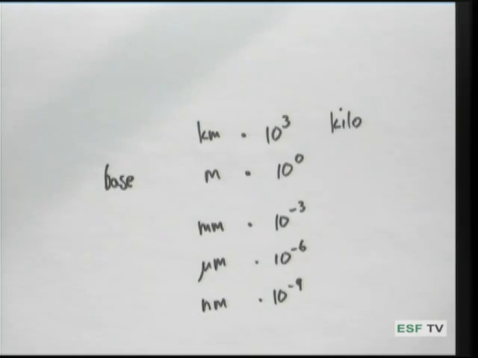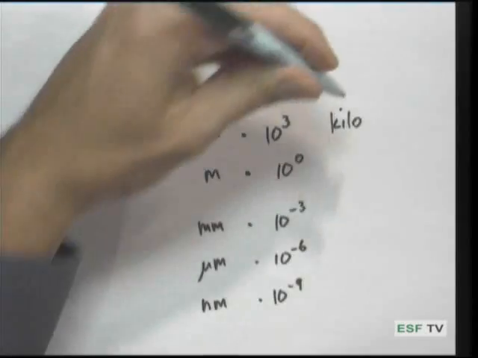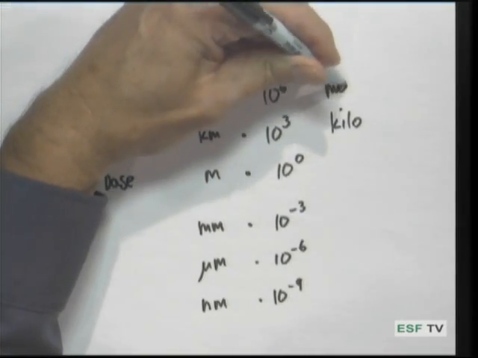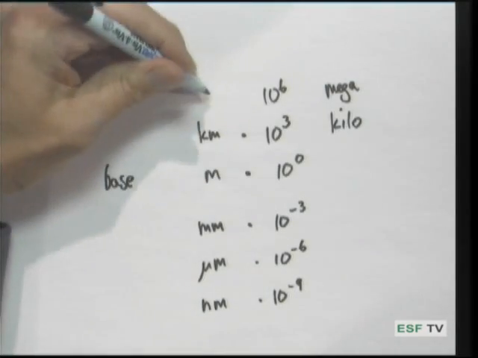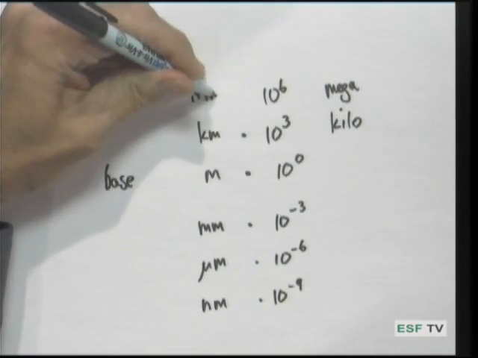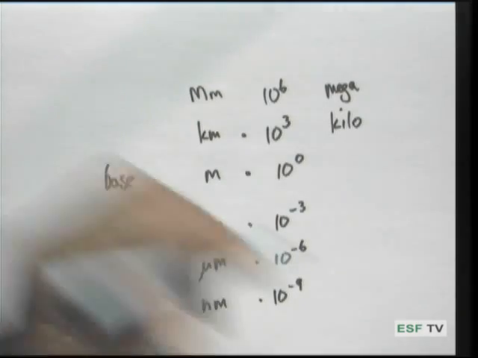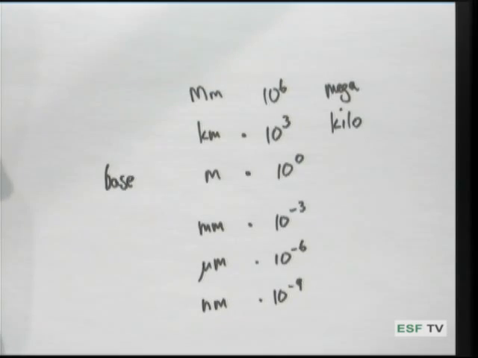And so you have 1,000 meters in a kilometer. But 10 to the 6th goes by the name of mega, and that's abbreviated as a capital M, followed by the small m, which indicates meters. We often don't talk about megameters. That's a bit awkward. But this continues to go up and up and up in multiples of 3.